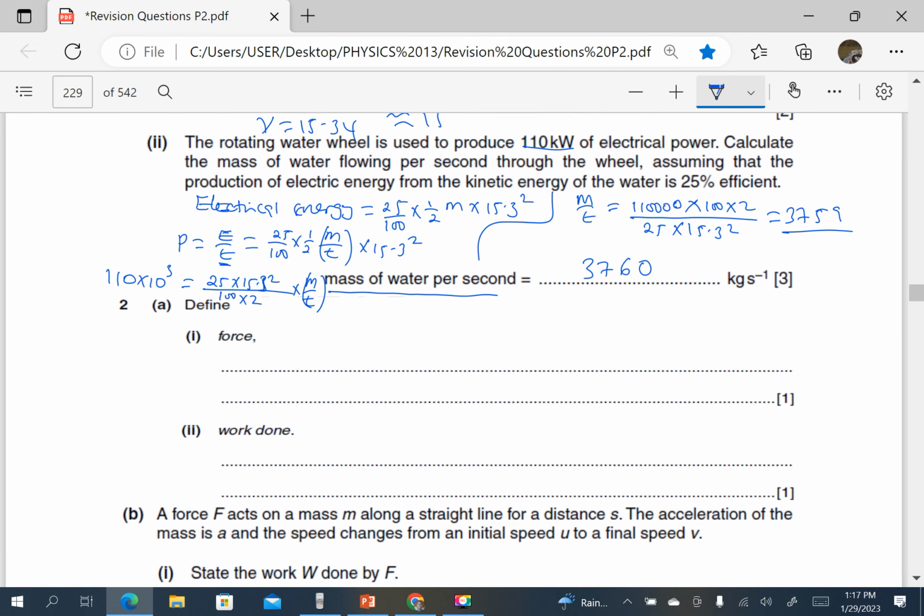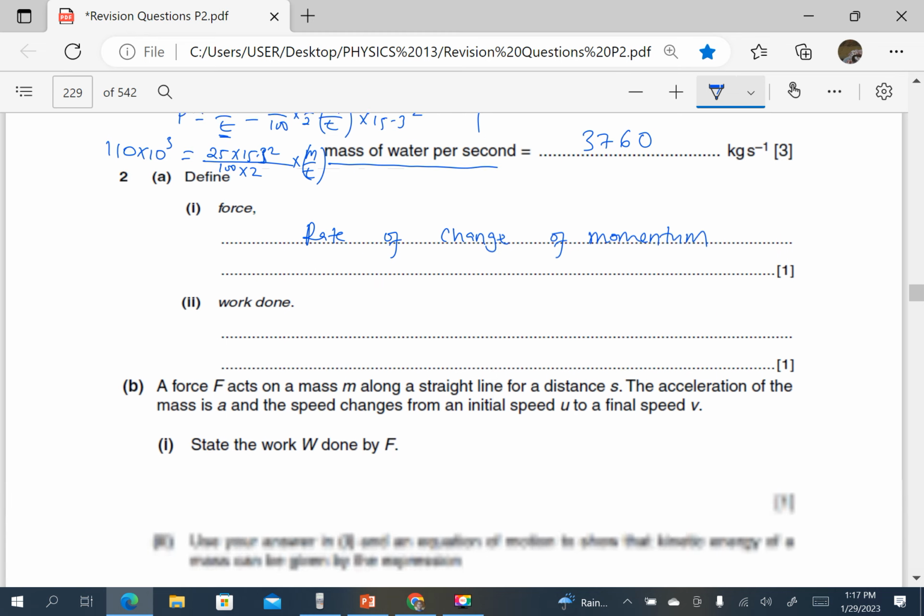Define force. Force is the rate of change of momentum. That is force: rate of change of momentum.